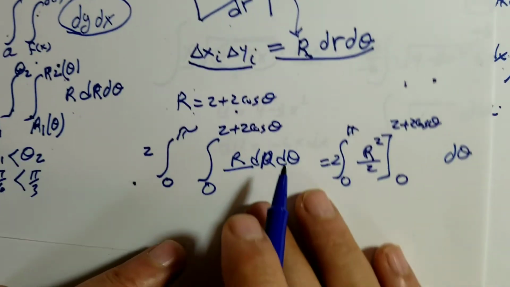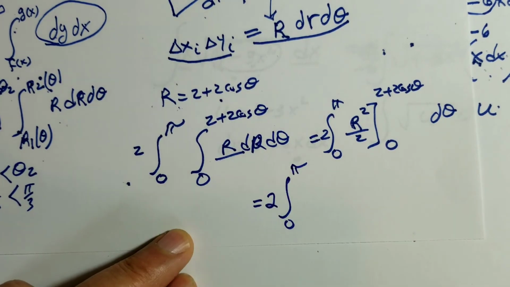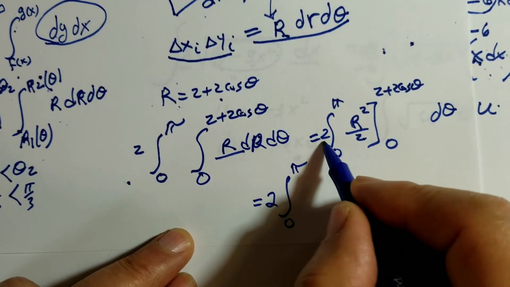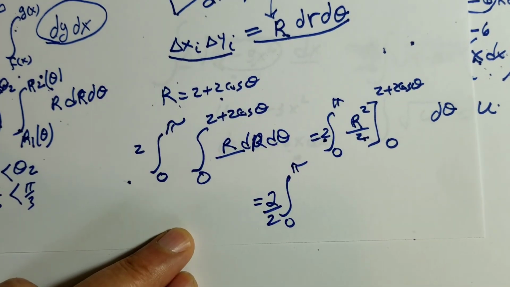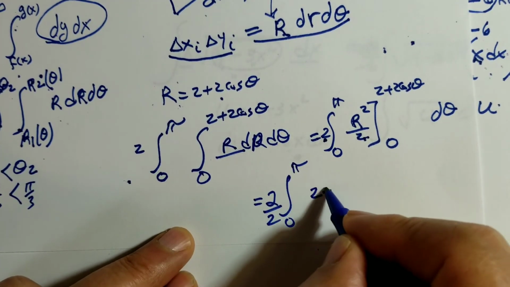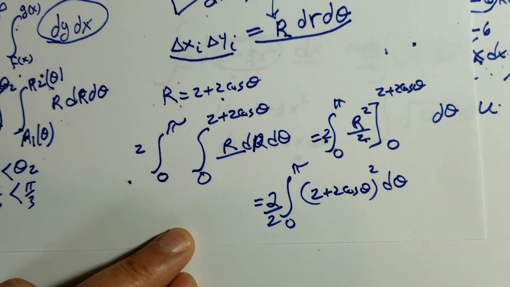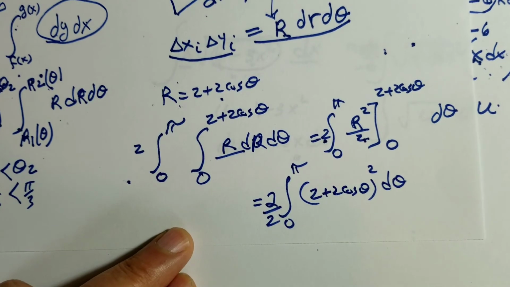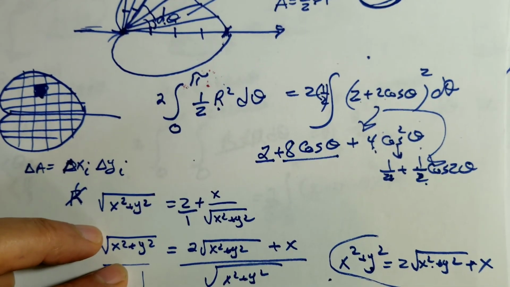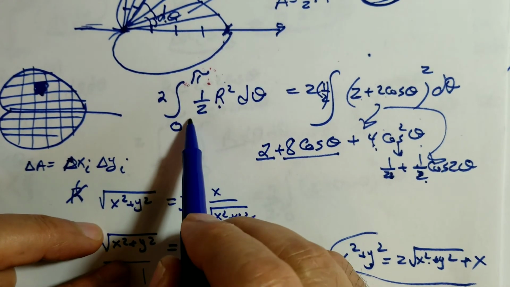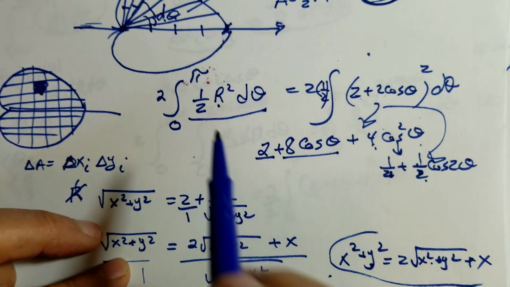Then in order to solve this, it is 2 from 0 to pi. And remember I have a 1 over 2 in here and a 2 here. I'm going to put the 2 outside and they're going to undo each other. And you have 2 plus 2 cosine theta squared d theta. Do you remember a few minutes ago I talked about calculus 2 and I said we used the sector and many students didn't know what the formula for a sector is?